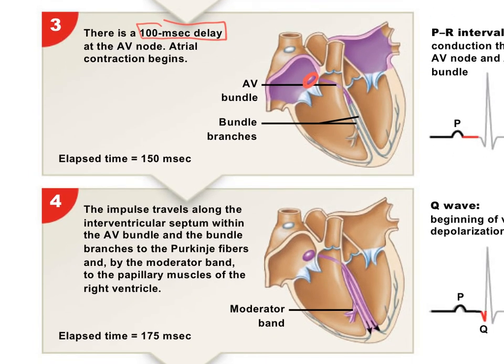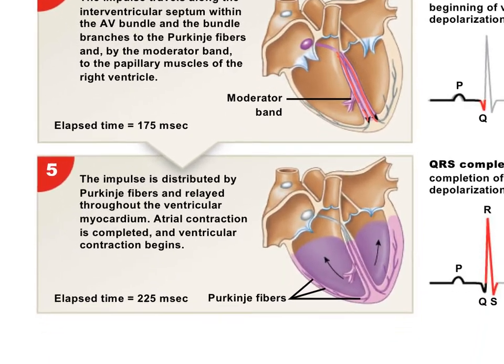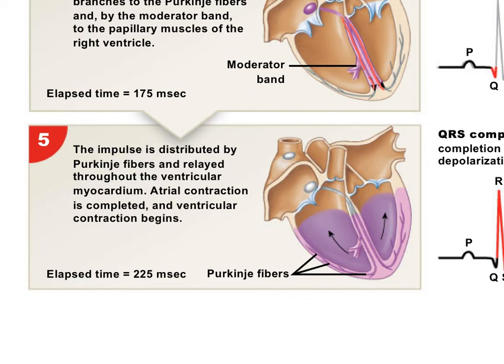And then from there, the action potentials will travel down through the AV bundle, and then the AV bundle splits into the bundle branches, and then the action potential we can see moving down through those bundle branches. Then it gets to the tip of the ventricles, and at the tip of the ventricles, the action potentials will travel around to the Purkinje fibers.